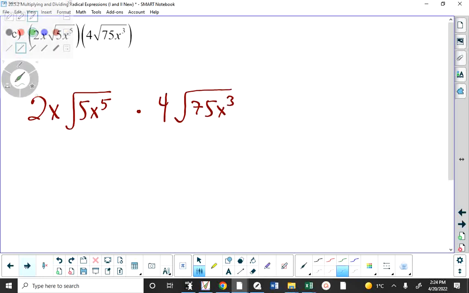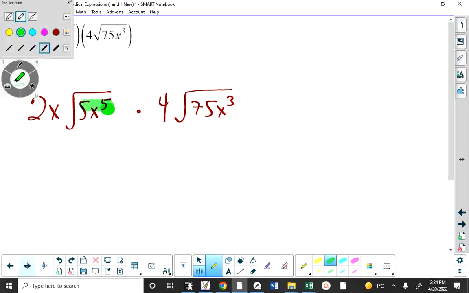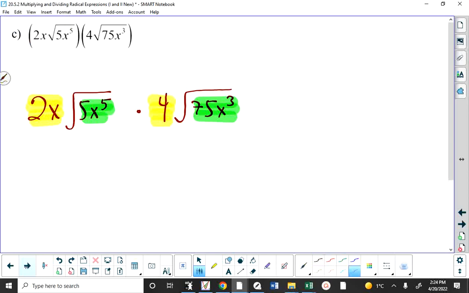Again, I certainly don't need to do this every time, and sooner or later I'm going to stop doing it, but those are two things we can multiply because they're both radicands, whereas these are two things we can multiply together because they are both coefficients. 2x times 4 gives 8x, and then to get the new radical, the radicand will be the product of 5 times 75, which is 375. x to the 5 times x cubed is x to the 8.